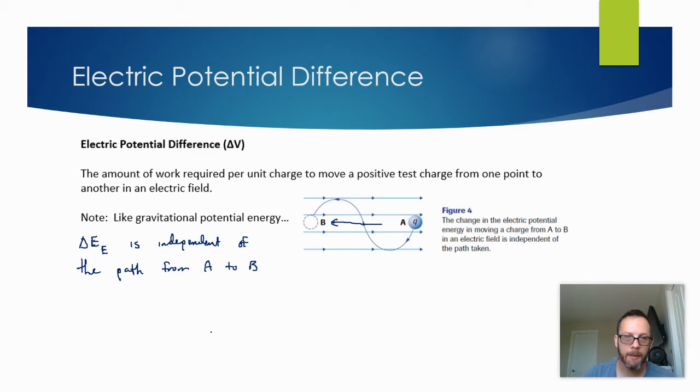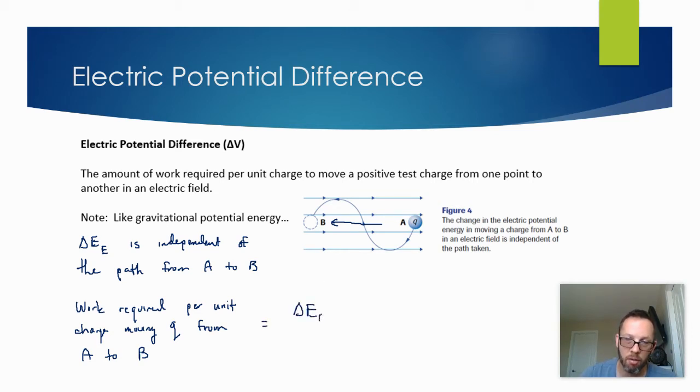An equation that ties in potential difference. So let's talk about the work required, and we're going to talk about the work per unit charge moving that charge Q from A to B. First of all, the work required to move it there is the change in electric potential energy.